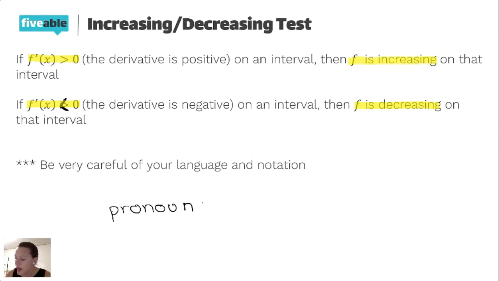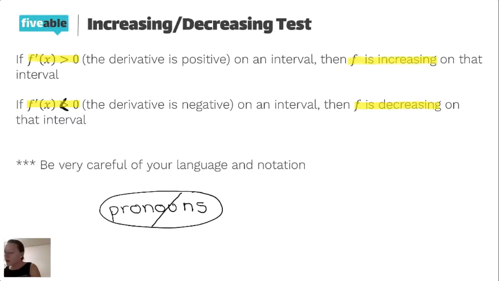If you say it is increasing, well, what's increasing? The derivative is increasing, the function's increasing. You've got to be very clear and very specific on the AP test itself. So make sure you're avoiding those pronouns and you're being very specific and clear in your language when you need to write something out, okay?